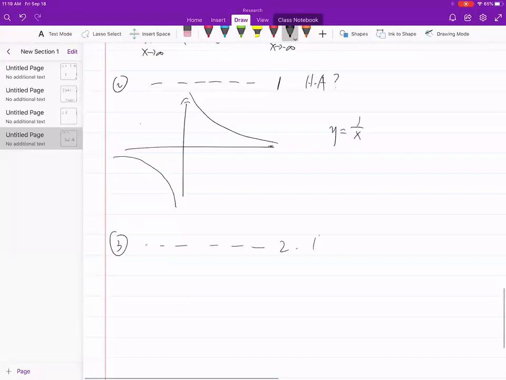What about 2? This time, not only say yes or no. I want you to think about a function that you know that does have 2 different horizontal asymptotes.